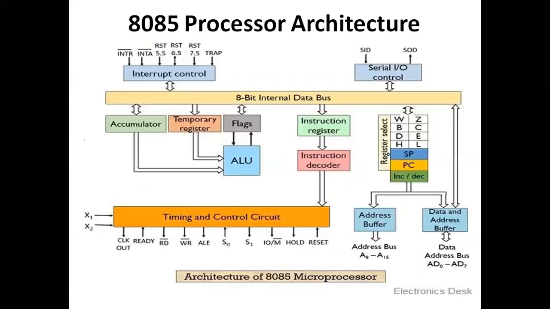Now I'll show the 8085 processor architecture. This is how it has been implemented, the circuitry of the 8085 processor architecture. As I said before, we have an accumulator, the flag register, the arithmetic and logical unit, instruction register and decoder.